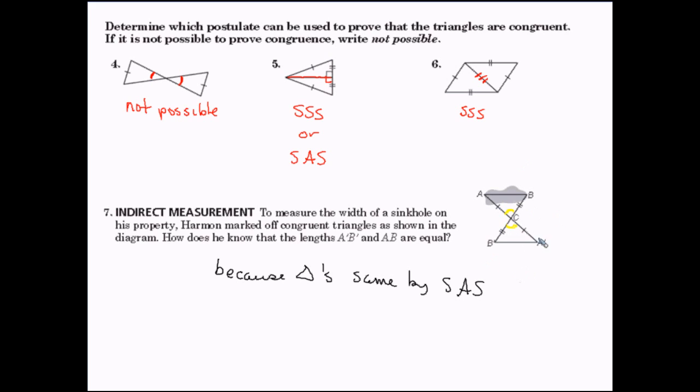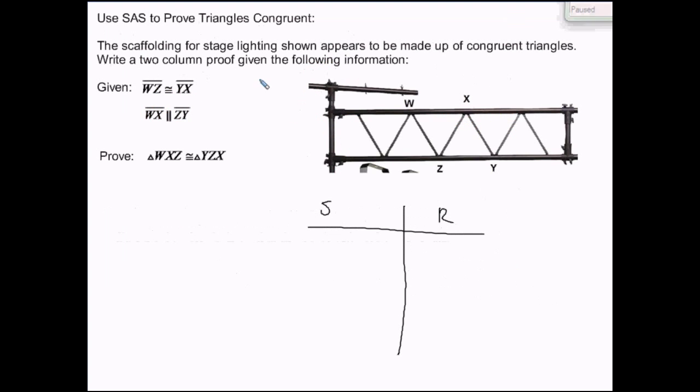So that's how people do things like measure the length of something like a sinkhole that you can't cross. You can't climb on it and measure it, right? It's a sinkhole. So you can use this type of measurement. I'm going to use side angle side. I'm given that WZ is the same as YX.